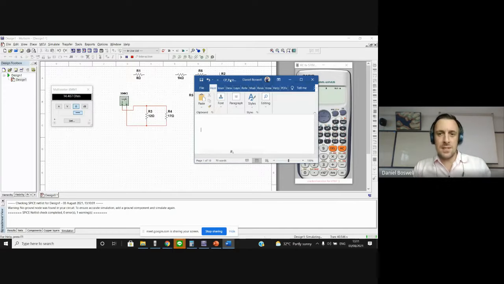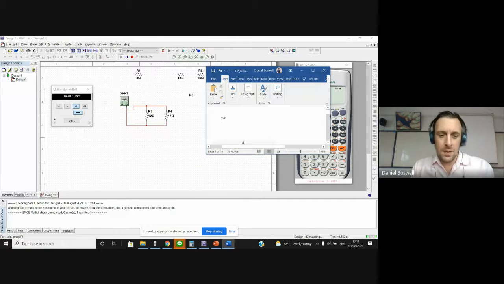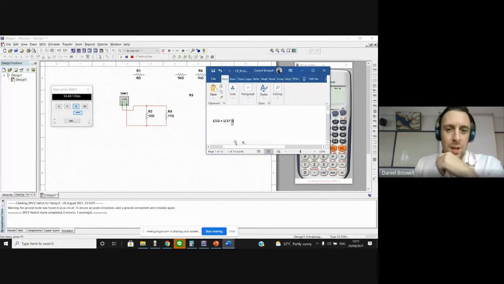To find the total resistance, we would do 1 divided by 12 plus 1 divided by 17, to the negative of 1. Always negative 1 at the end when you're calculating these parallel circuits. Always remember negative 1.